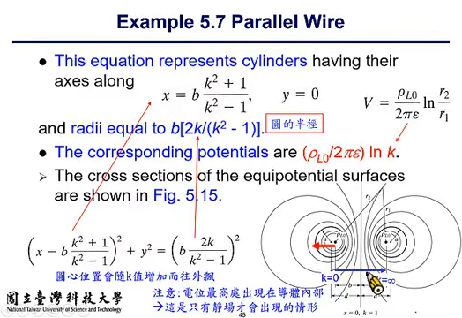If K becomes a little bit larger than 1, then the center will jump to the other side of infinity, and it will move into this position as K goes from 1 to infinity. So that's the equipotential circles for this geometry.